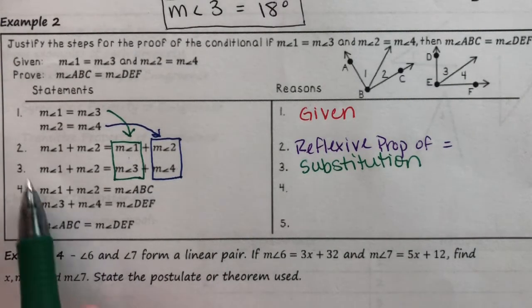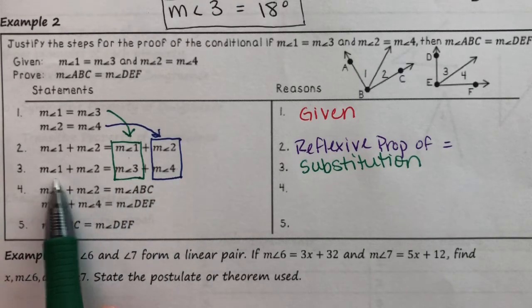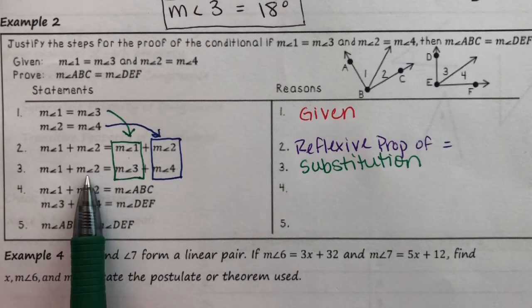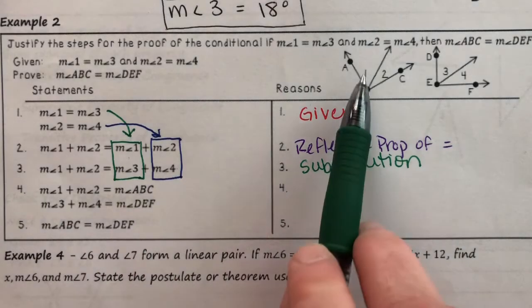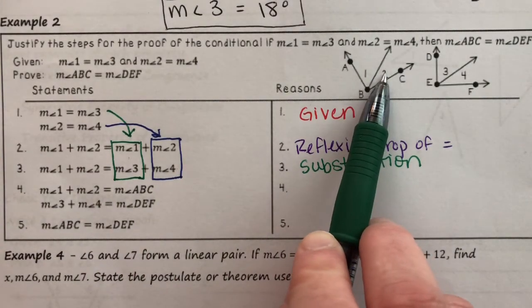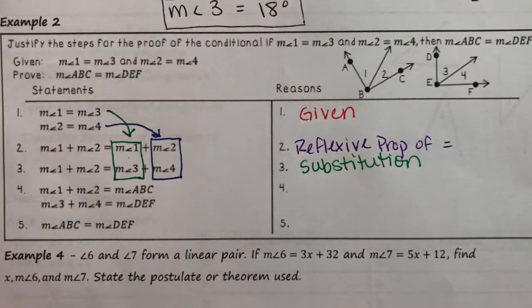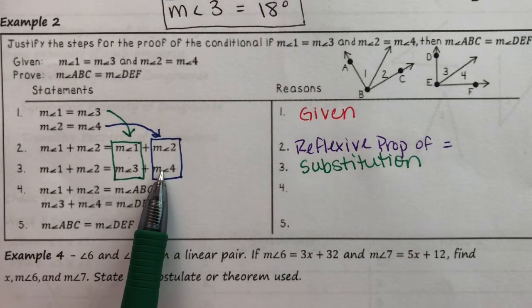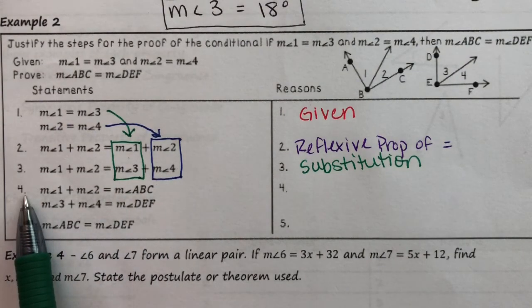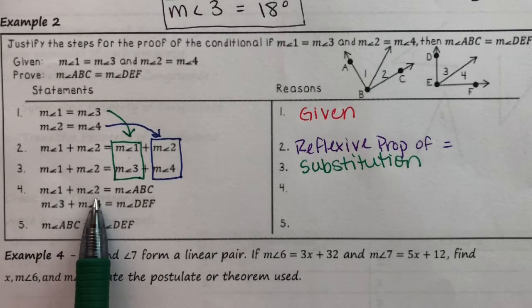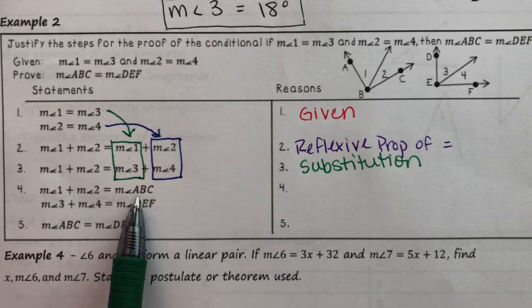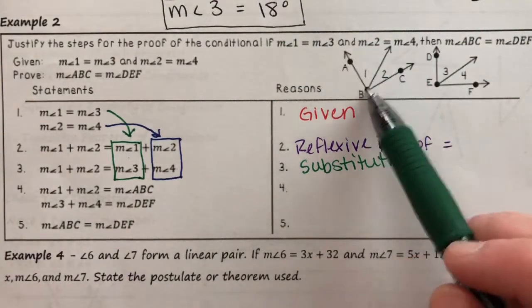Okay, so then I go from, now I'm here. Now I know angle 1 plus 2 is equal to angle 3 plus 4. Angle 1 plus 2 is the same size as angle 3 plus 4. Okay, so I'm here. What did I do next? Step 4 says the measure of angle 1 plus the measure of angle 2 is equal to the whole thing, ABC.